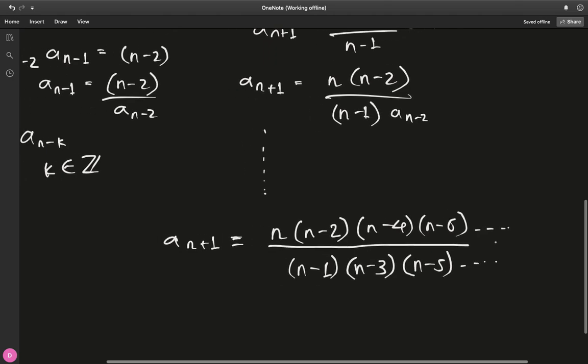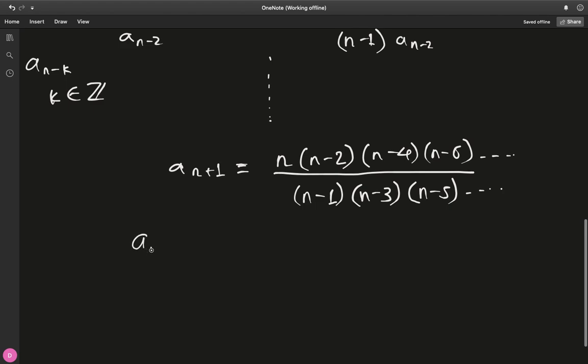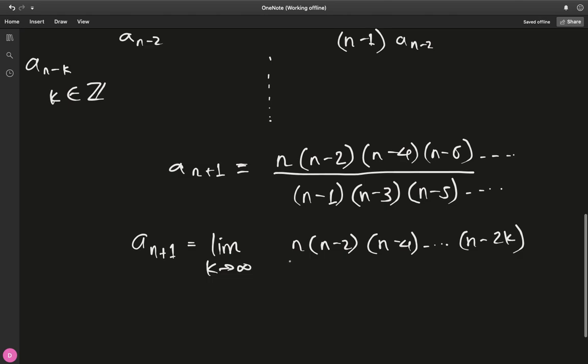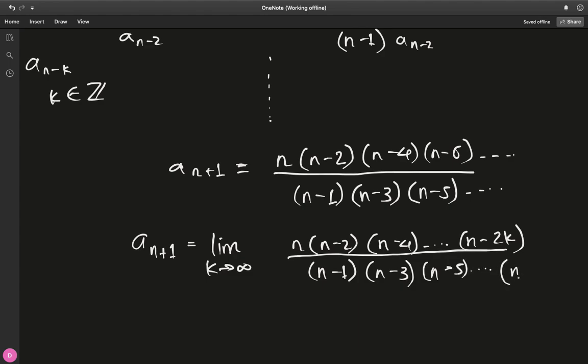So let's write this as a limit, basically tending to infinity. We can see the limit as some dummy variable goes to infinity of n times n minus 2 times n minus 4 dot dot dot till some n minus 2k, divided by n minus 1 times n minus 3 times n minus 5 dot dot dot n minus k.